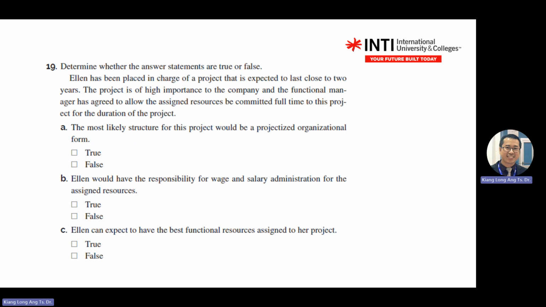So A, the most likely structure for this project will be a projectized organization form, true or false? It's true.